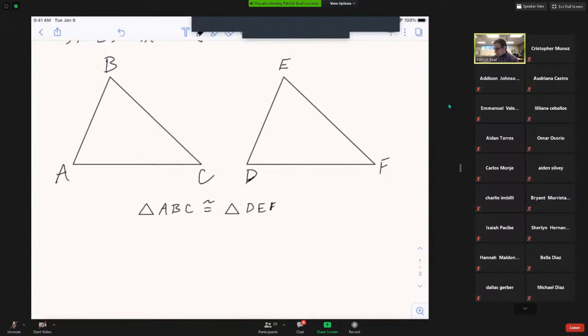So for example, that would mean that side AB, let's talk about the sides first. So side AB is right here. What is AB congruent to in the other triangle?